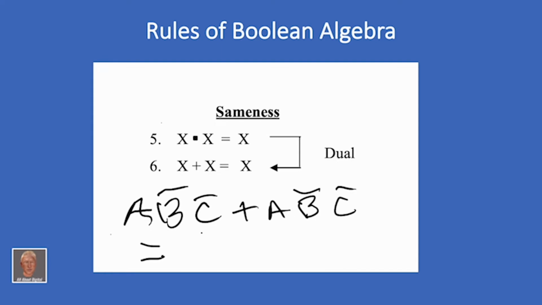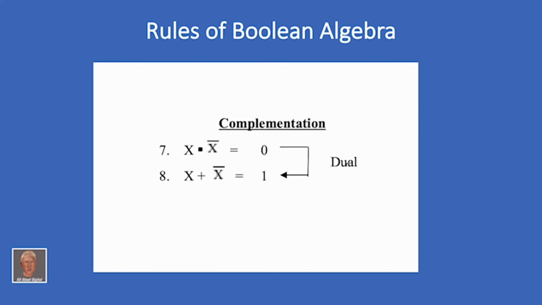So again, that's just equal to, from the sameness theorem, A B bar C bar. This is a very powerful rule for use in minimization of Boolean expressions. You use this rule a lot.